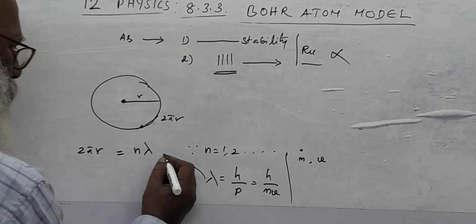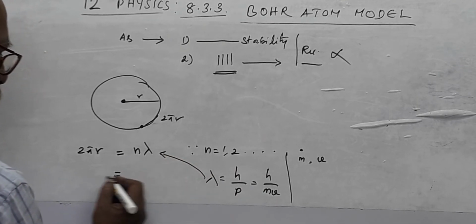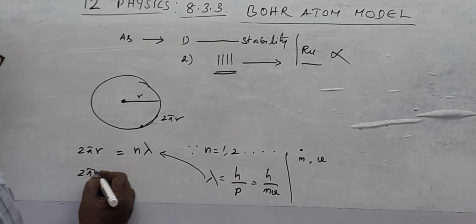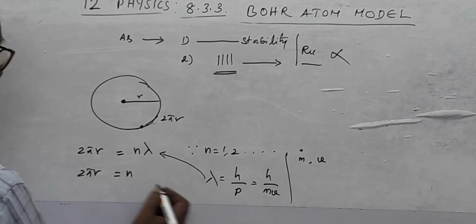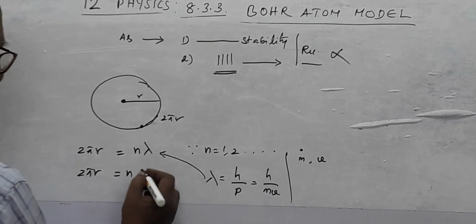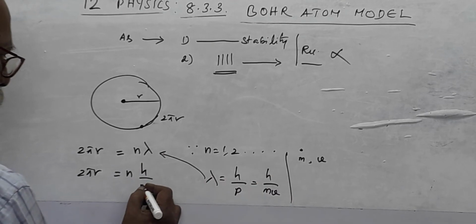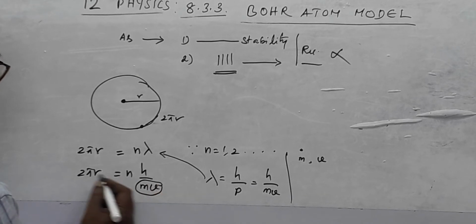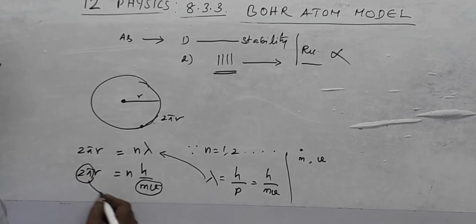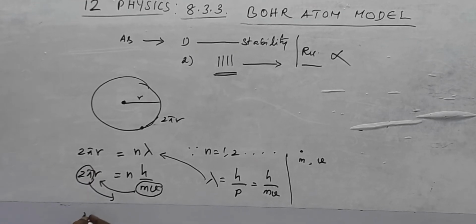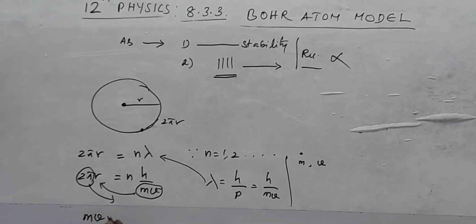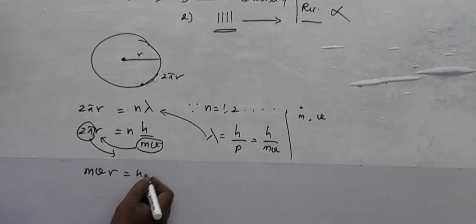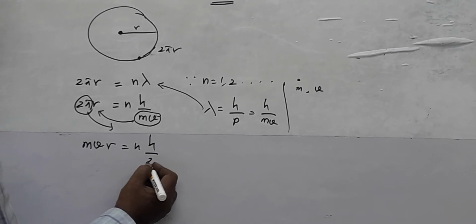If you substitute this value here, we get 2 pi r equal to n, and instead of lambda you substitute h by m into v. Are you clear? Then we bring these two values downwards and this one upwards. What happened? m v r equal to n h by 2 pi.